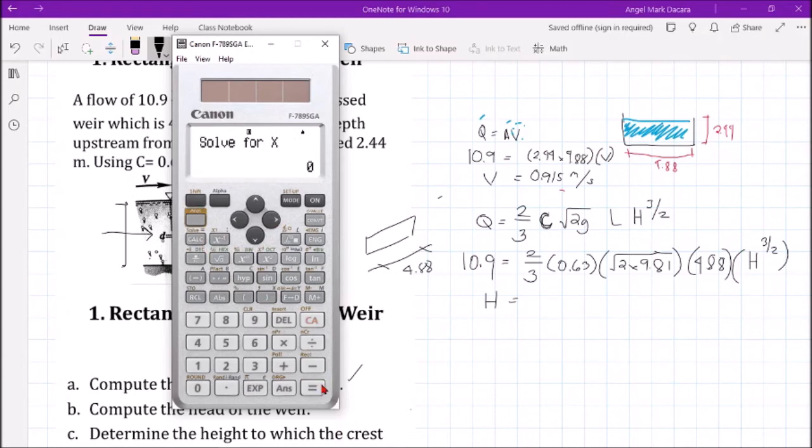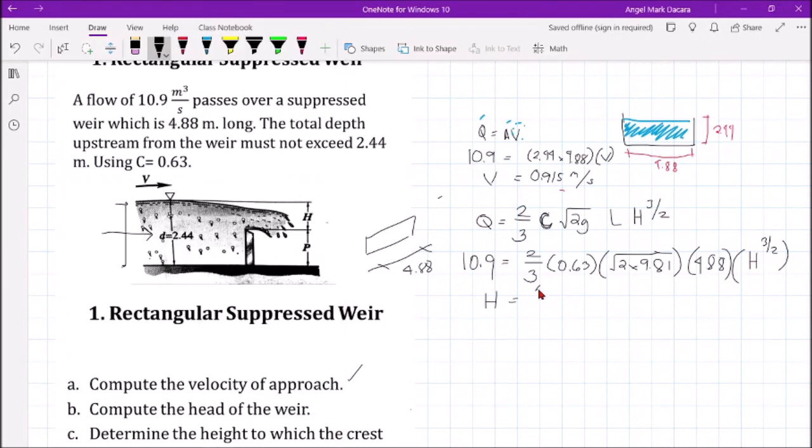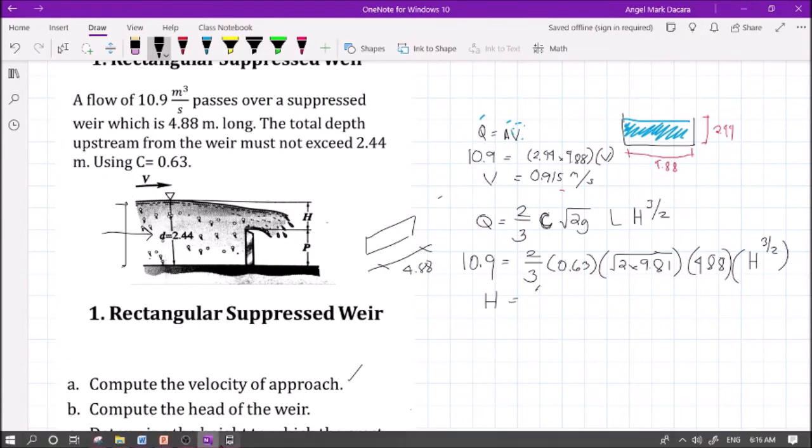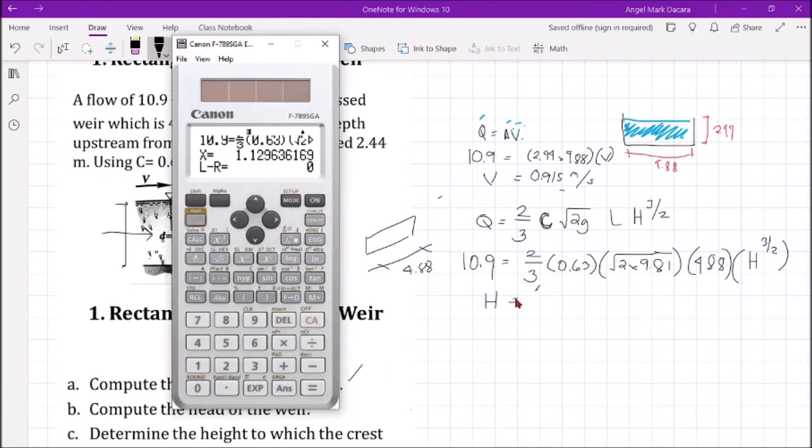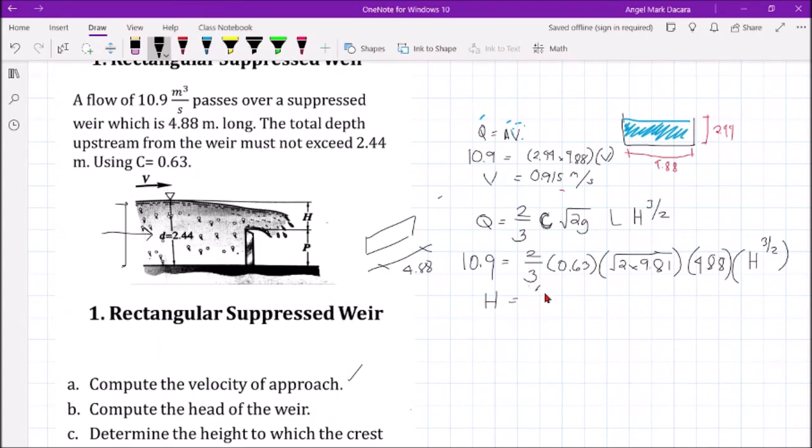So shift solve, then the height of water above the crest should be 1.1296 meters.